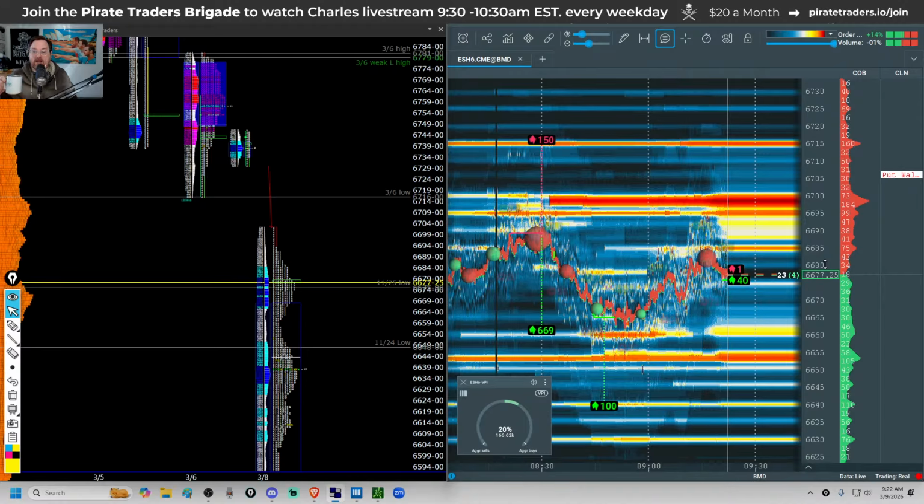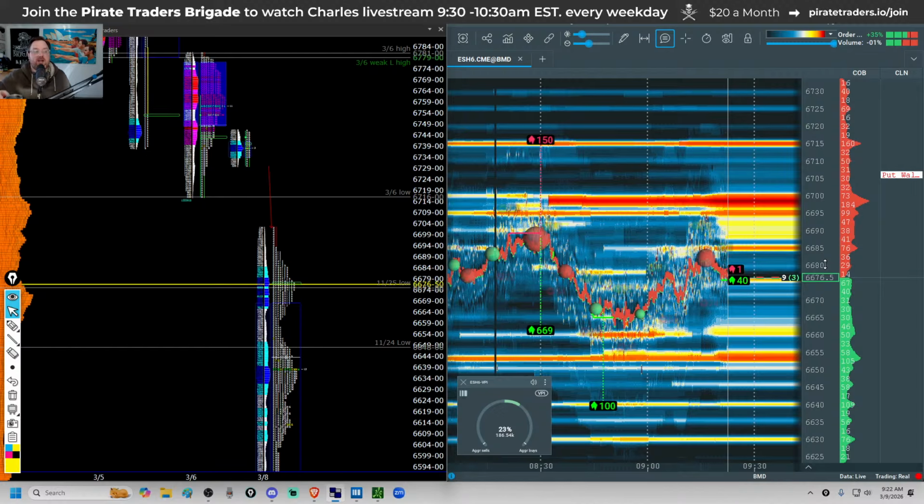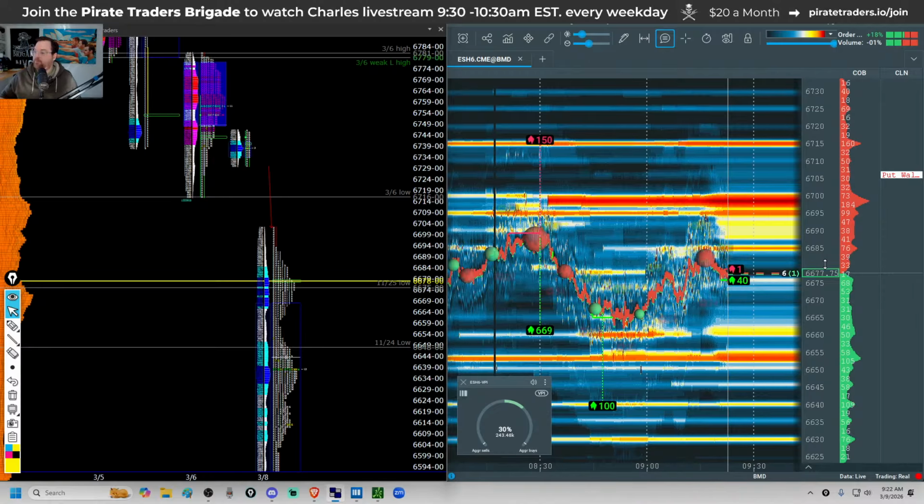So if we open anywhere below 96, there's a higher probability we get a gap and go. Now, that doesn't mean you can't fill the gap. We fill the gap all the time when there's a large gap. It's just probabilities wise, it's less likely. So when I see a gap this large, my brain generally assumes gap and chop or gap and go. And then if we start to get the gap fill, then I have to change my mind very quickly. You know what I mean? And get on board.